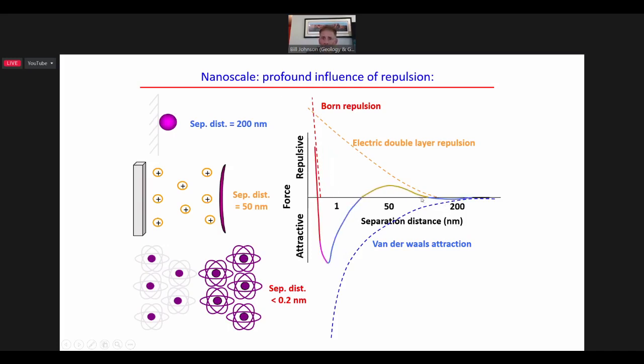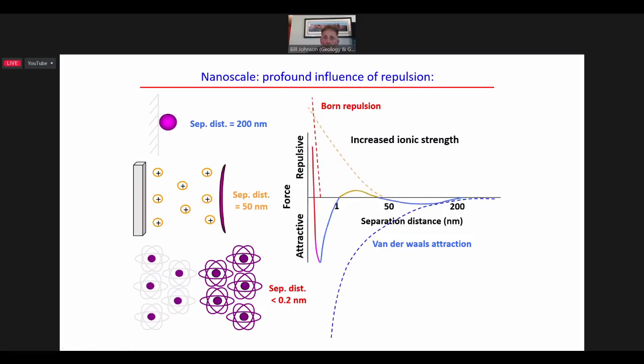And so you superimpose those forces and you get this feature. It's non-monotonic. And the point being that there's a weak attraction out in the 100 nanometer separation distance range. There's a repulsive barrier from the like charges, the counterions being squeezed between the surfaces in intermediate distances. And then there's a very strong attraction at very close separation distances around 1 to a few nanometers from the surface.